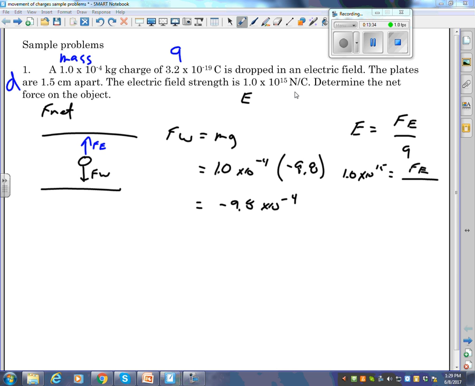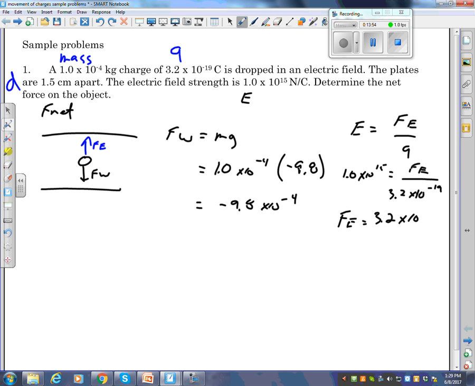So this number down here is going to be my Q, 3.2 times 10 to the minus 19. I've got to do this thing. Hang on. Okay. So multiply those together and you get that FE is 3.2 times 10 to the minus 4. I'll pause there for a second. 3.2 times 10 to the minus 4. That would be newtons. Both of these would be newtons, right? They're both forces.